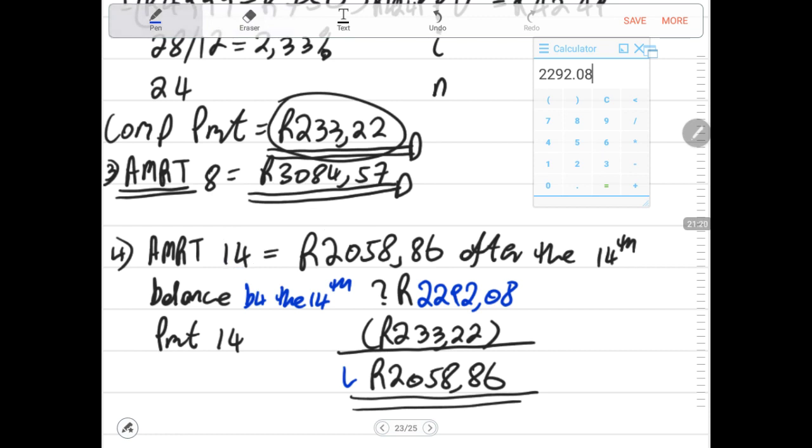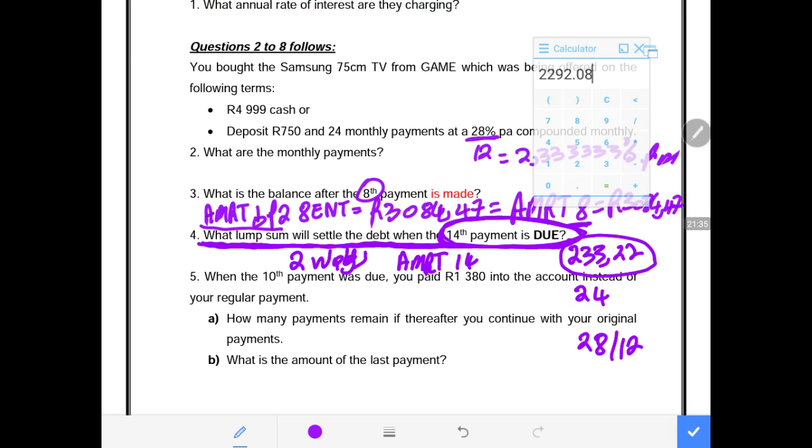Now, very clear, that means how much is the balance before the 14th payment is made. Meaning if you want to settle just before the 14th payment is made, how much will be that balance? Remember, the question was made very clear. The question said, what lump sum will settle the debt when the 14th payment is due?